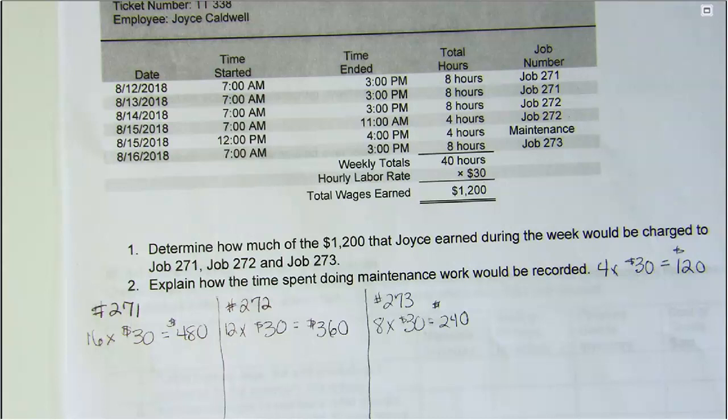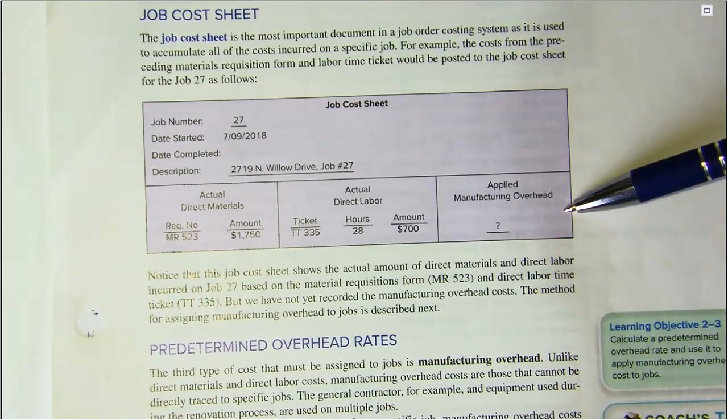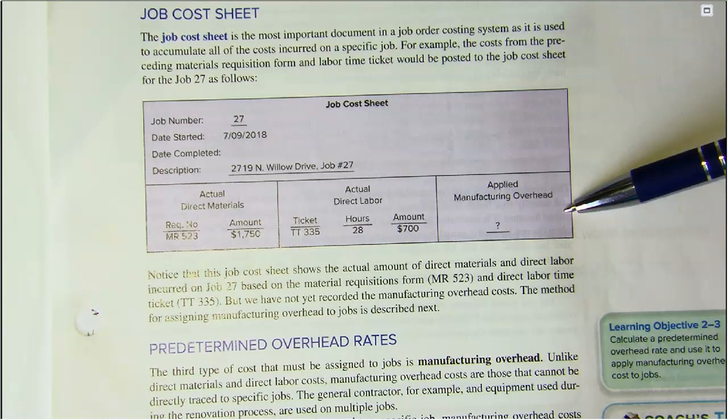And we'll talk in our next mini lecture about how manufacturing overhead will get added onto that job cost sheet, because we have not yet added that third cost category onto our job cost sheet.